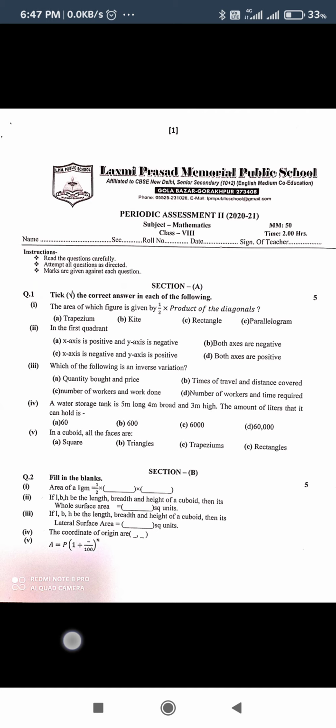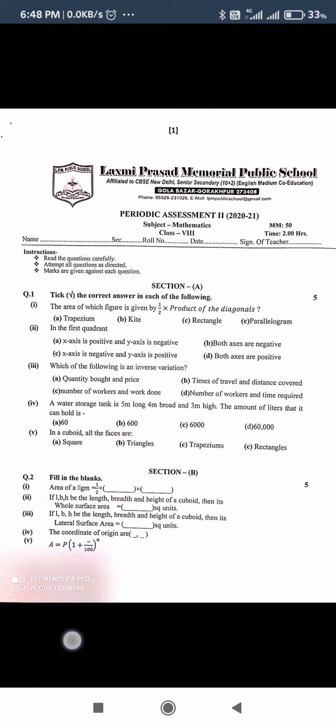So we have to add one more option in the first part of question number 1. Add option E, that is rhombus.